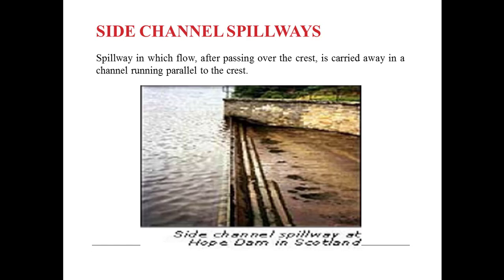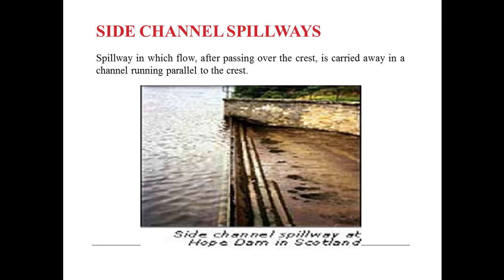Next one is the side channel spillway. In these spillways, the water flow after passing over the crest is carried away in a channel running parallel to the crest. So the spillways which are constructed parallel to the channel, where the water flows over the crest and is then carried away by the channel, are known as side channel spillways.